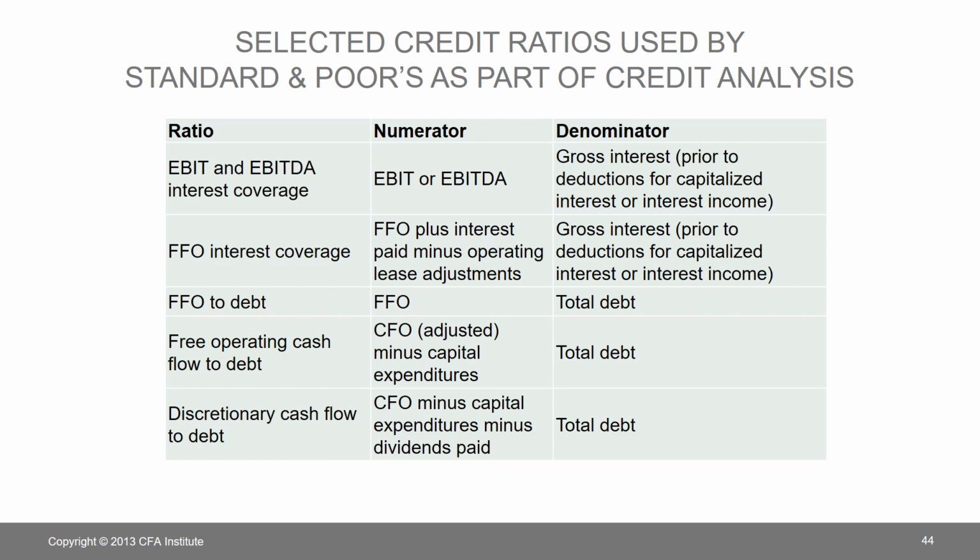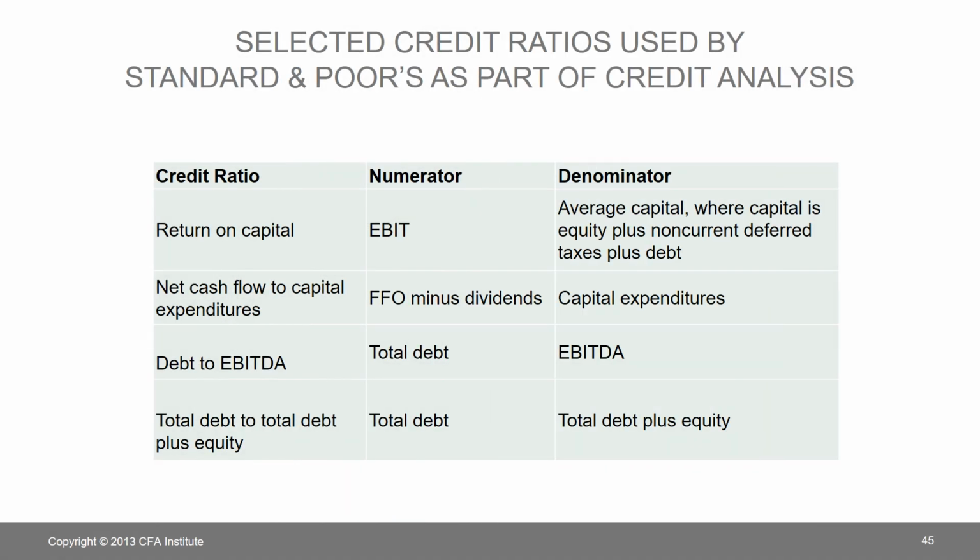The first ratios listed are variations of coverage ratios. The other ratios measure the percentage of debt that could be paid with 1 year of FFO, then cash flow after paying for capital expenditures, then cash flow after paying for both capex and dividends.